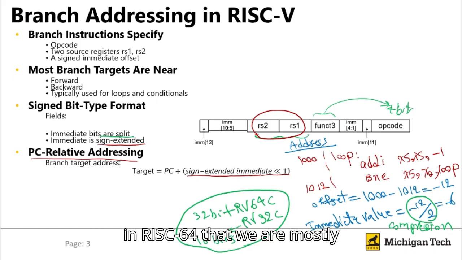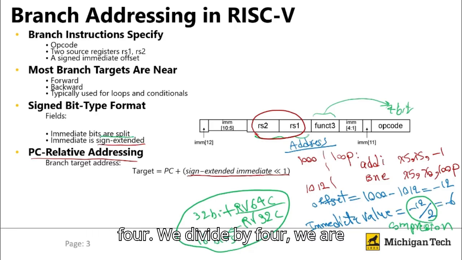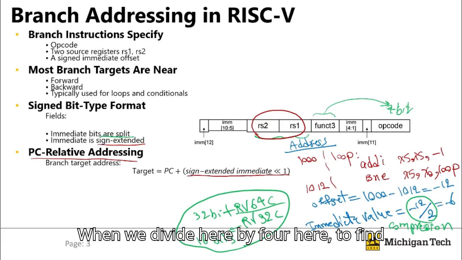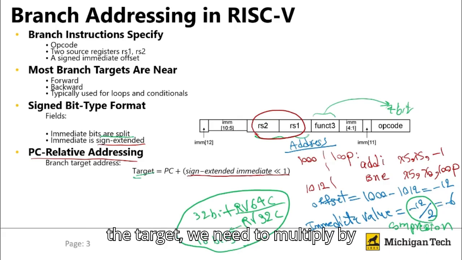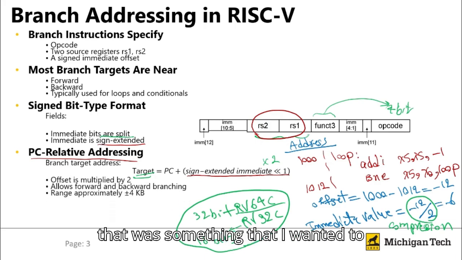But in RISC-64, that we mostly work with, you can even divide by 4. When we divide by 4, we are expanding the range of the jumping area. That's very good. So we learned why we're dividing. When we divide here by 4, to find the target we need to multiply by 2 or by 4. Anyway, that was something that I wanted to mention.